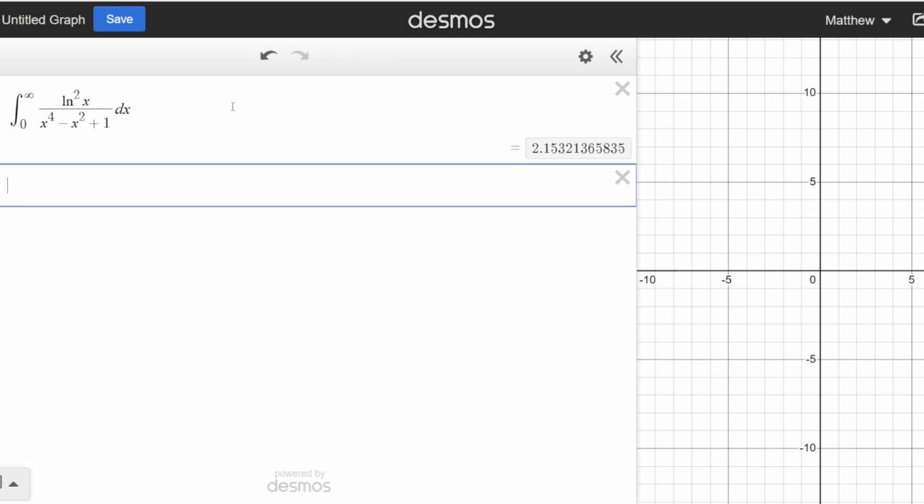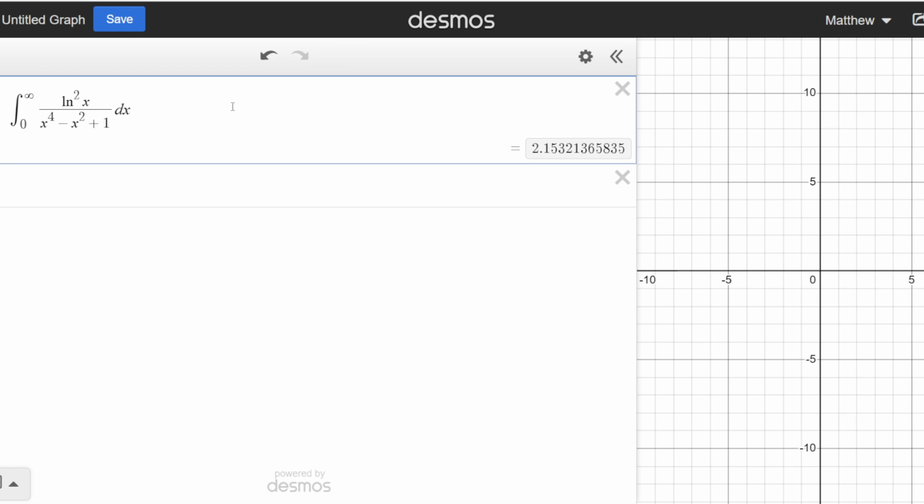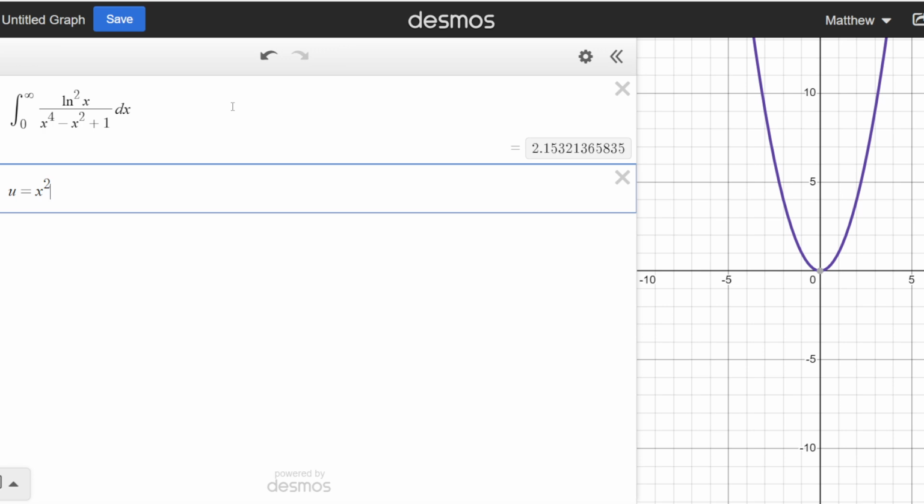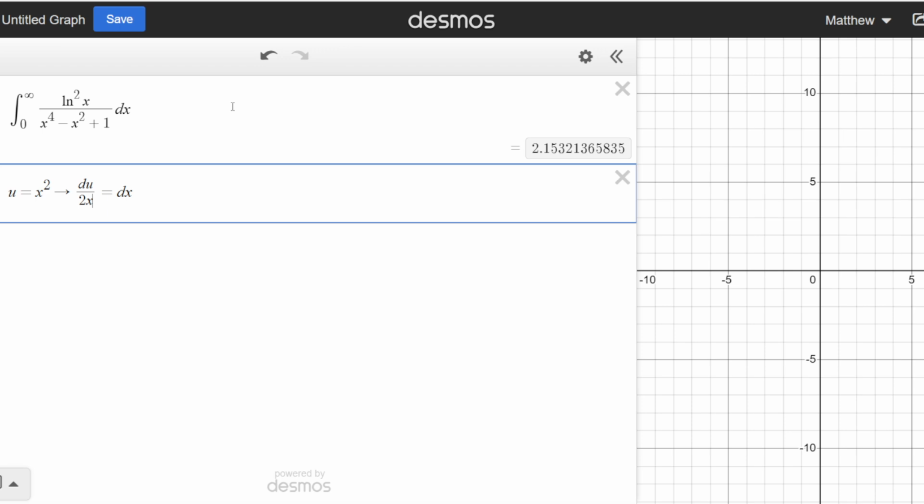Let's see. I don't like these powers here. Let's try to reduce the power here by cutting it in half. We're going to let u equal x squared. Well, this implies that du is equal to 2x dx. Let's bring that down there.